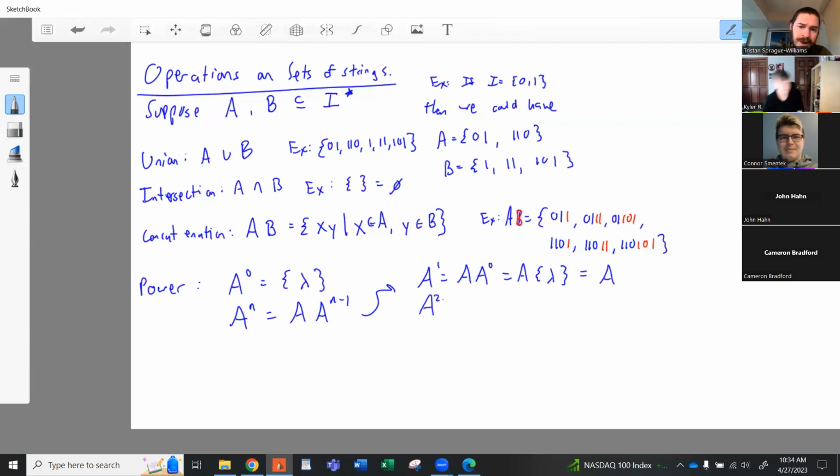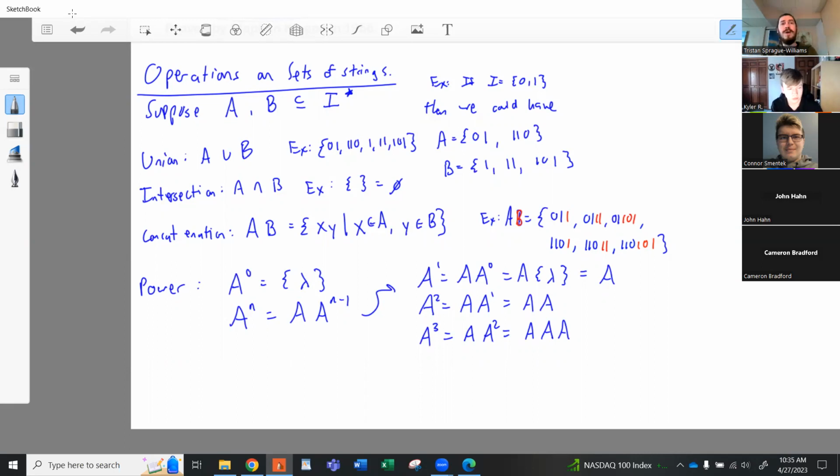And then A squared is going to be A concatenated with A to the power 1, which is A concatenated with A. And A cubed, as you can probably guess, is going to be A concatenated with A concatenated with A, and so on. So you can have successive concatenations of things from A with other things from A, building up with any number of those.